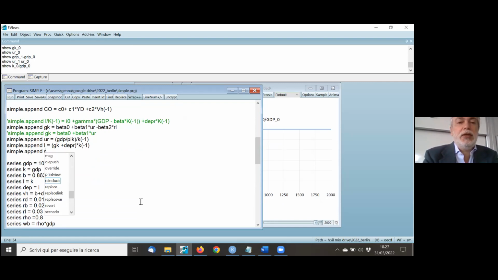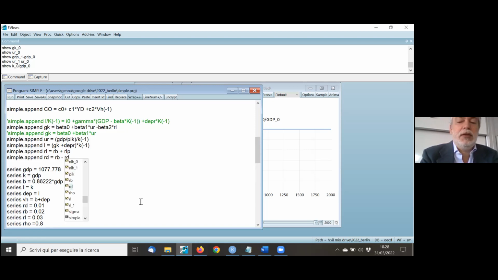Let's say the interest on bonds is the reference interest rate, and then RL will be given by RB plus a premium, let's call it RLP, for instance. And RD will be RB less an RD premium that banks take.